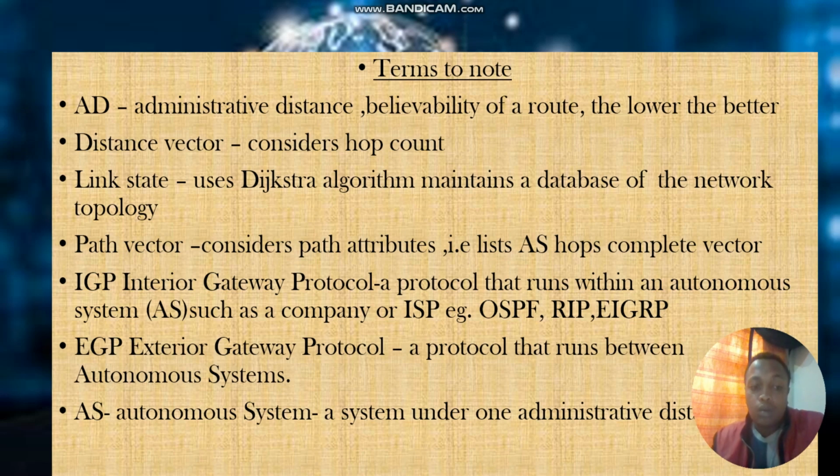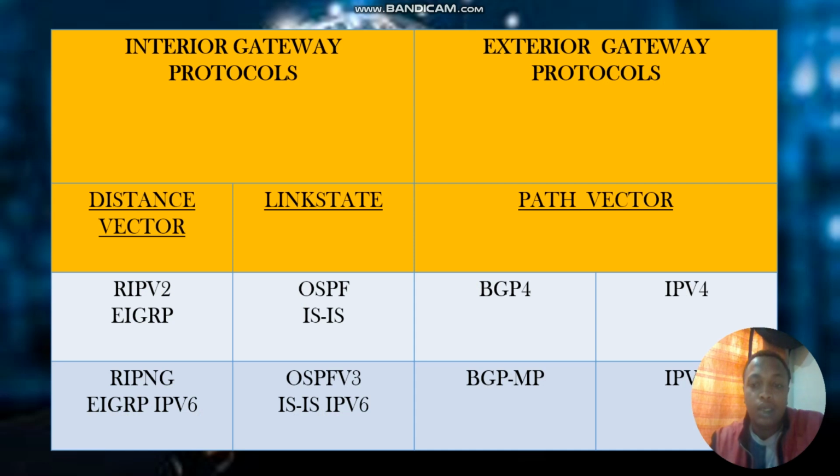And when I'm talking about an autonomous system, I'm talking about a system or a network under one administrative control. Okay, so that is what I mean by autonomous system.